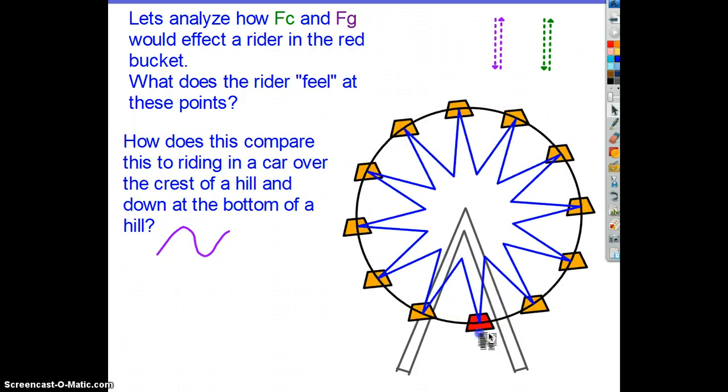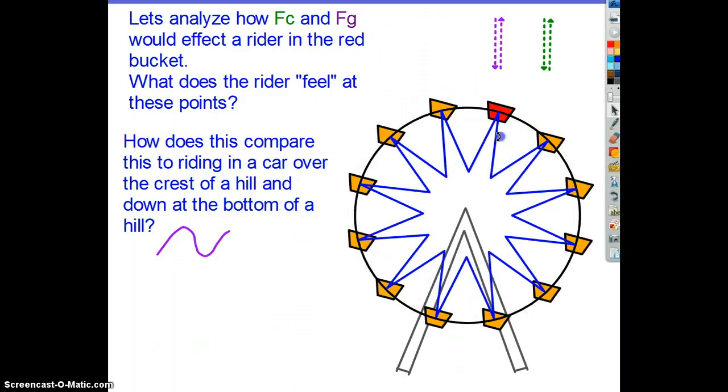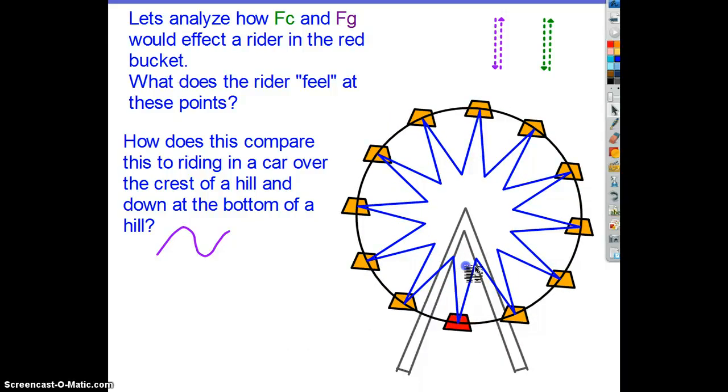Down at the bottom, your inertia is heading downward and forward. And that feeling of your inertia is where your stomach feels like it's up in your throat at the top, or down in the seat of your pants at the bottom. That's where you experience your inertia, and centripetal force and centrifugal force.